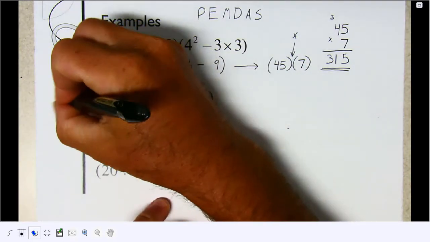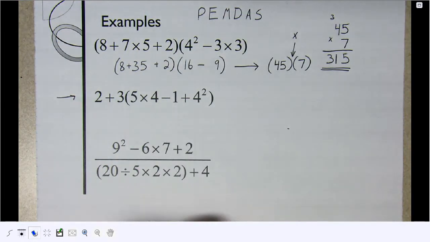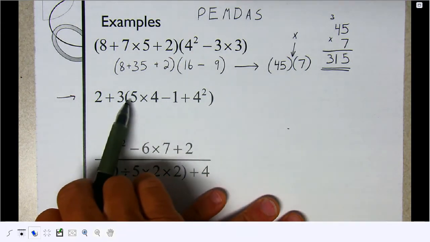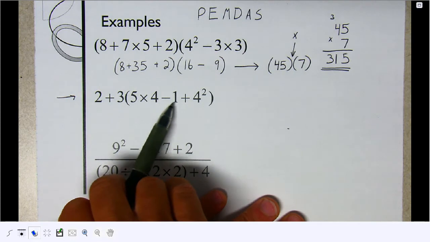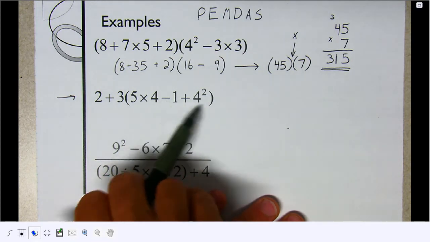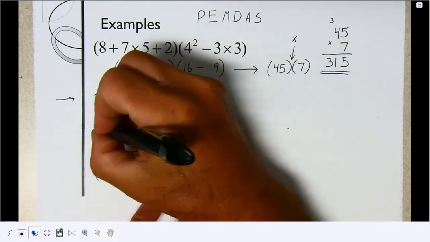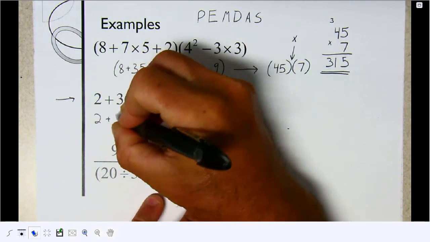Okay, let's take a look at the second one. Common mistake here. First of all, let's find our value inside the parentheses. So we have 5 times 4 minus 1 plus 4 squared. Within these parentheses, we better pay attention to that exponent next. So this expression is going to become 2 plus 3.